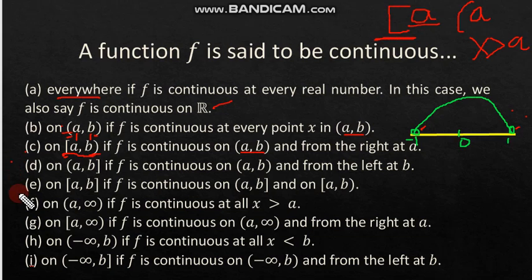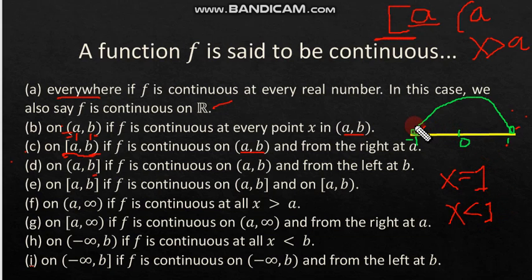Okay, for letter D, on an interval, now this time our b has a square bracket. So it means that we will stop at exactly x equal to the value of b, which for this example is 1. But for C, if our b is a parenthesis, our x is less than the value of b, or for this example, 1.